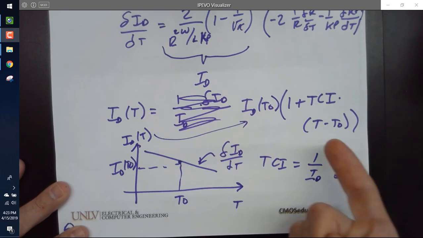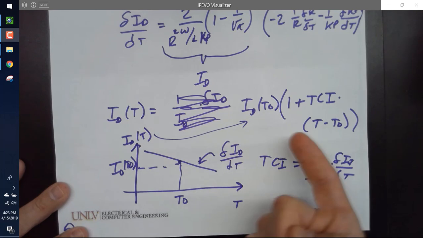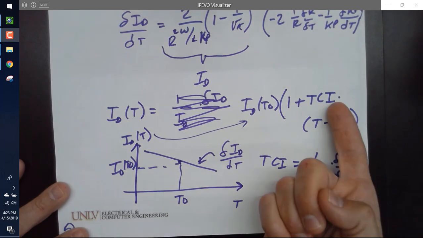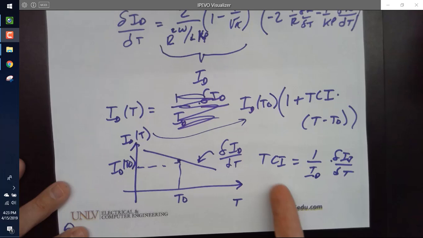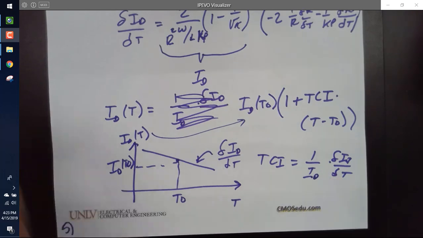This becomes TCI, and this becomes just del T over del T. And so this reduces to TCI times ID equals the derivative of ID, or TCI equals 1 over ID times del ID del T. Lots of letters, huh? Any questions about that? You want me to do it again? Yes? What is TCI? Temperature coefficient of the current.